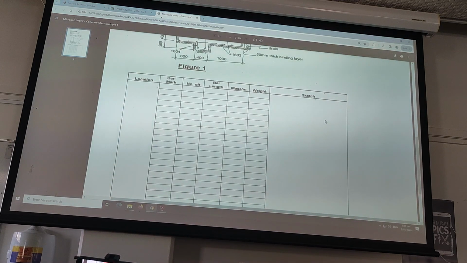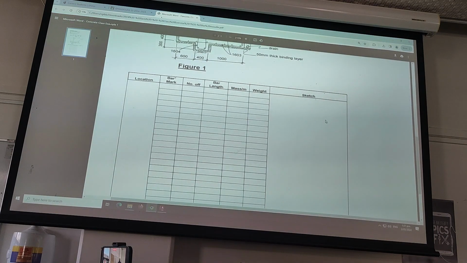So the person that said the bar length is correct, a little bit too obvious. Not quite as many answers as I thought I'd get. Location. Bar mark, number off.